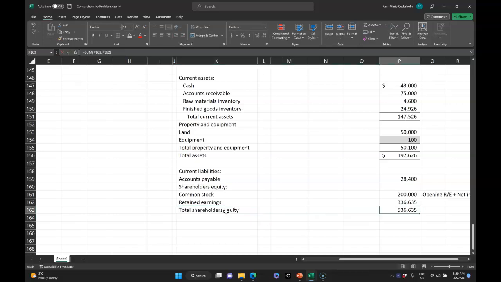And then I'll do a total liabilities and shareholders' equity. So that's your 536,635 plus your 28,400. So I have 565,035.